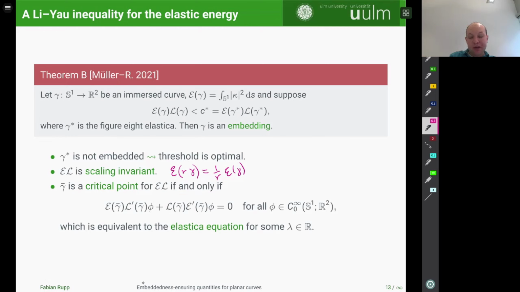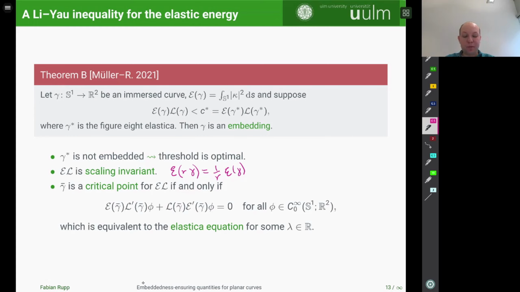So a critical point for the energy E times L will have to be an elastica. And this is a crucial observation, because this is the way how we want to characterize the optimal threshold later.